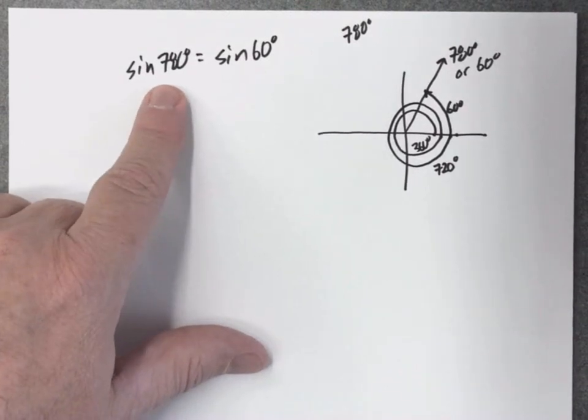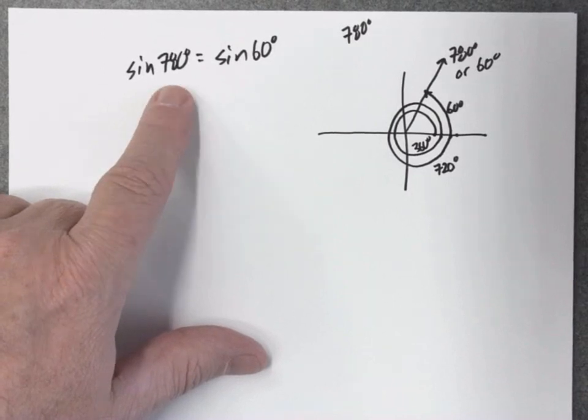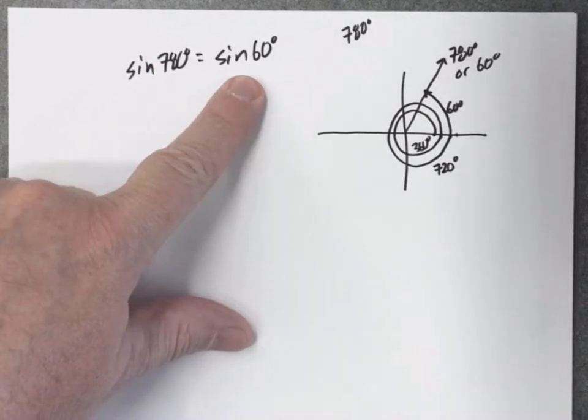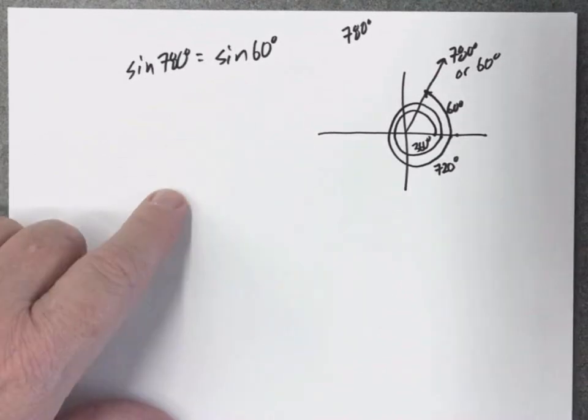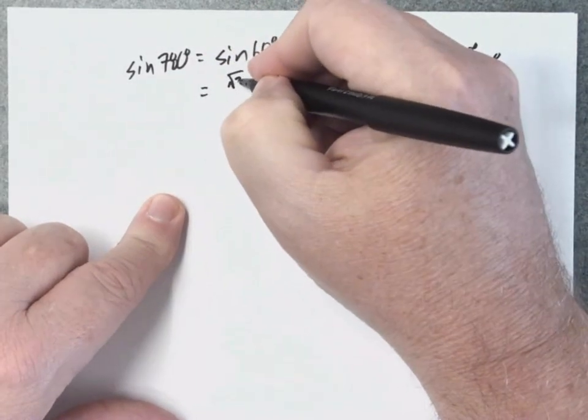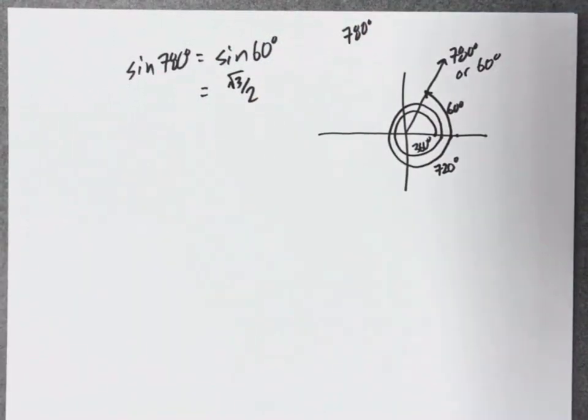So when I began this problem, I was trying to find the sine of 780. I don't know what it is because it's not on the unit circle. However, because of coterminal angles, the sine of 780 is the same as the sine of 60. And I know what the sine of 60 degrees is: square root of 3 over 2.